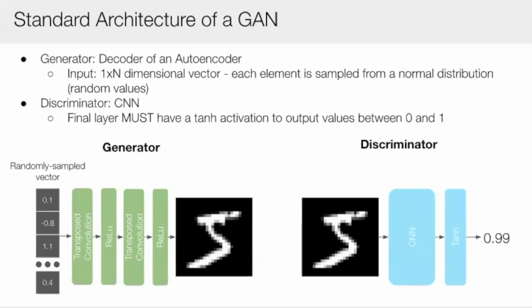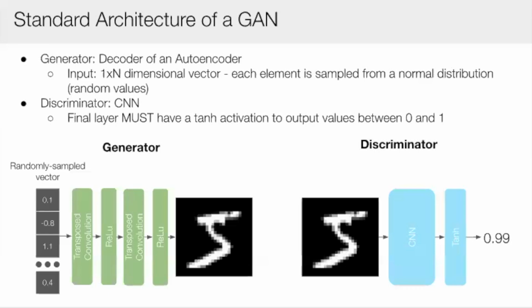Does that make sense? The vectors you might just randomly sample from a bell curve or some probability distribution. For example, in this case I have a 4D vector, and each of these numbers was randomly picked. The 0.1 was picked from a normal distribution or a random number generator.